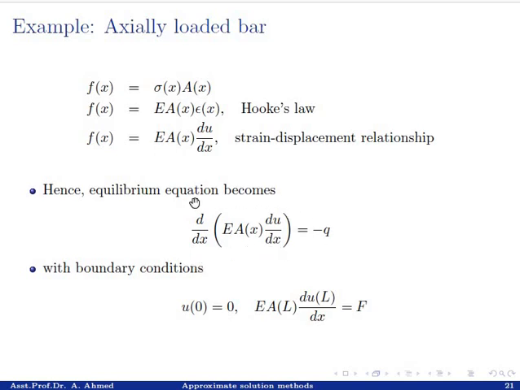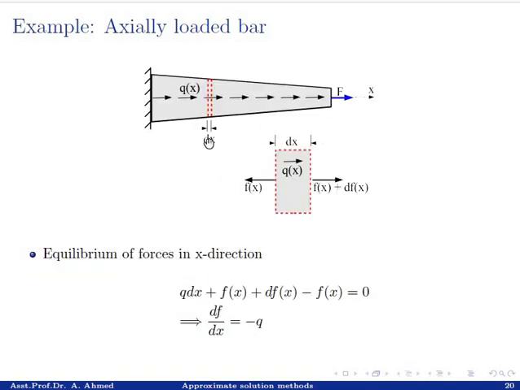This is the equilibrium requirement of the differential element, and this equation is not only valid for this differential element, but also for all of the differential elements present in this member. It means that the differential equation you have developed is valid not only for this differential element but also for the whole body.